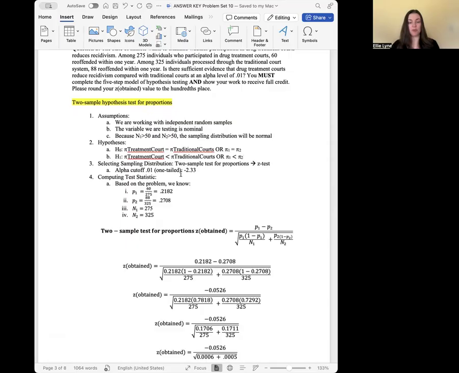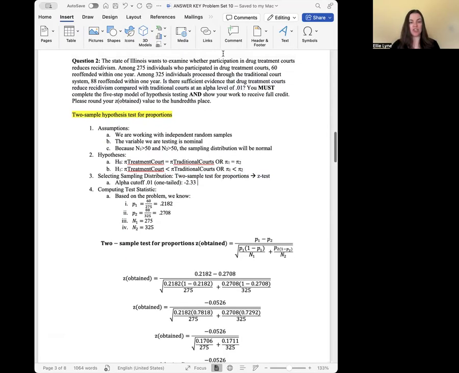Selecting our sampling distribution, we know, again, right from our very first step before we even got into step number 1, that we are conducting a 2-sample test for proportions, so we know that this will be a z-test. We have to revisit our question quickly to see what alpha level is specified, 0.01, and we can revisit our friend up here in step number 2 to figure out if this is a one-tailed or a two-tailed test.